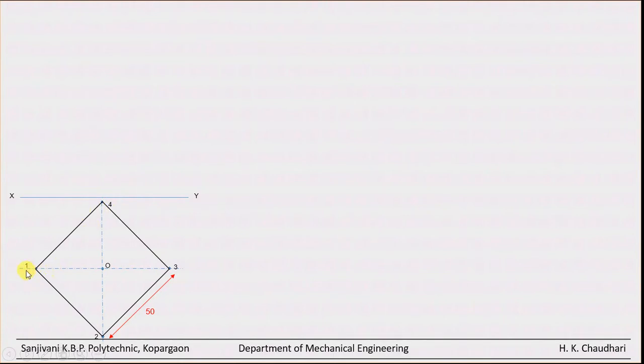Now see this 1, 2 line, it represents the front left rectangular face, vertical rectangular face. This 2, 3 represents the right front rectangular face, clear. And these remaining two, 1, 4 and 3, 4, they are the rear faces.